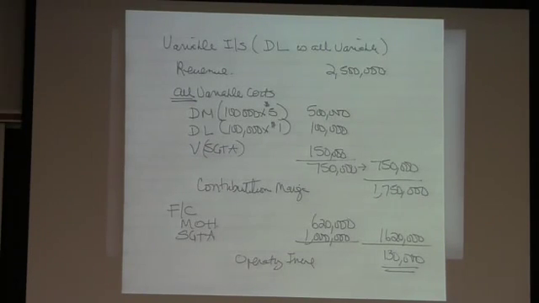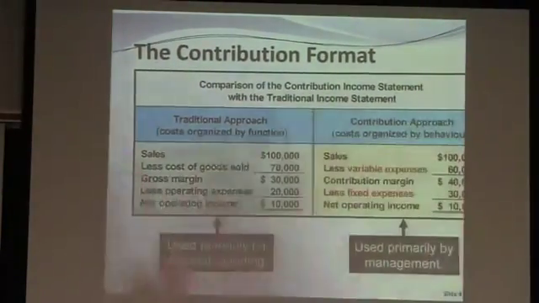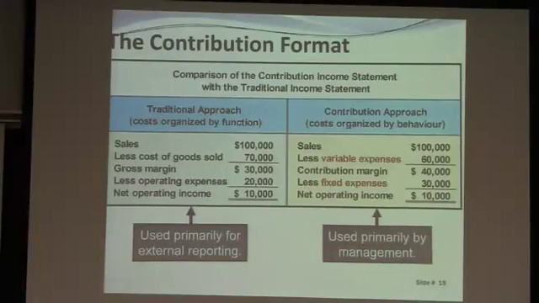So, in trying to answer part B of the question, when you're trying to compare the traditional and the contribution margin format, the way we have to prepare financial statement reporting is governed by our standards of external reporting called IFRS or ASPE in Canada.